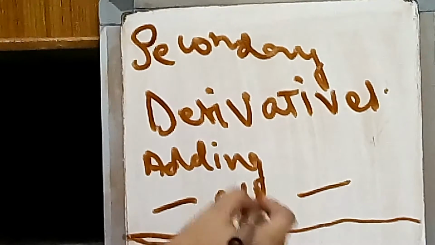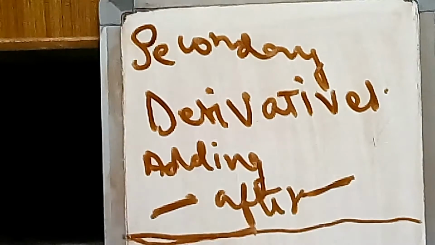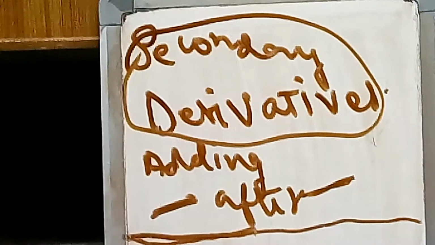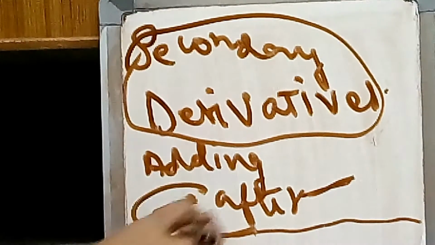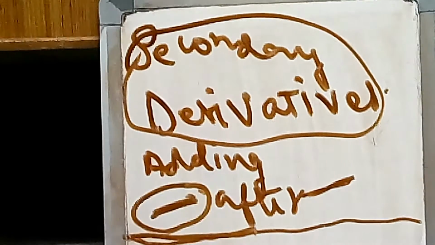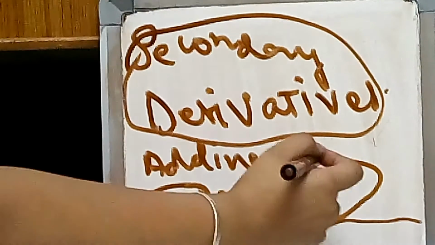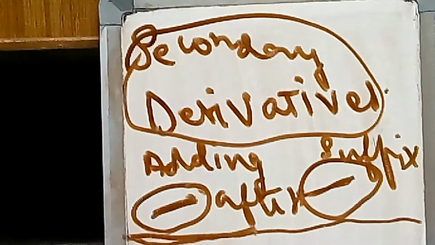Let's take a word, and by adding something before it, or by adding something after it, you are going to get the secondary derivatives. The word you add before is called a prefix, and the word you add after is called a suffix. As we have seen in the last video, I have mentioned suffix. Now let's see a few examples of this.